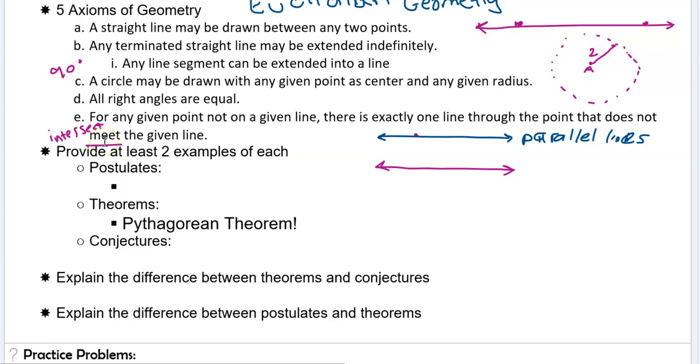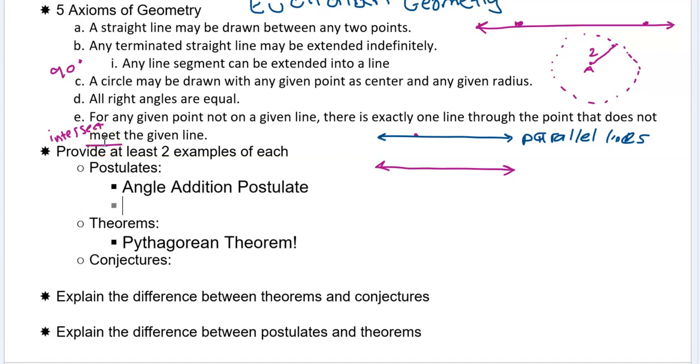Some postulates would be our angle addition postulate or the segment addition postulate. These things are so basic that we have to assume they're true to be able to do a lot of mathematics.